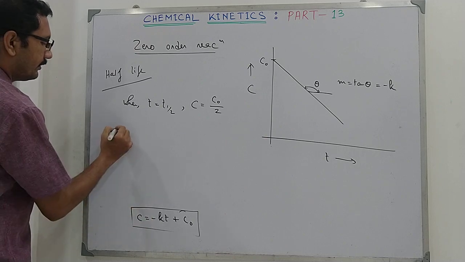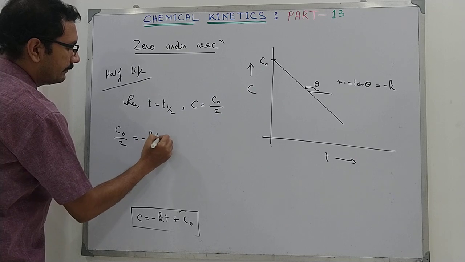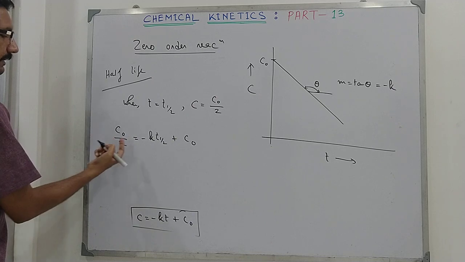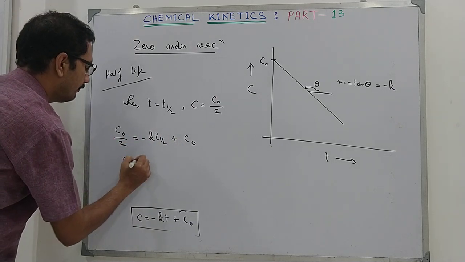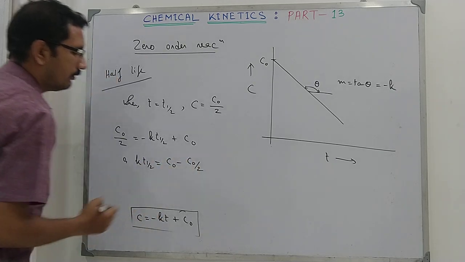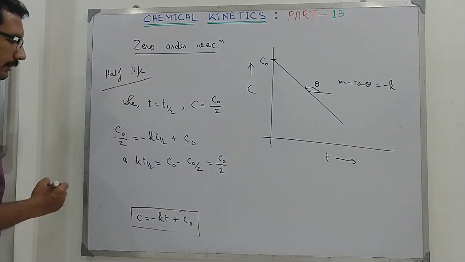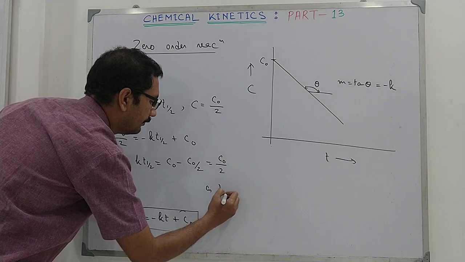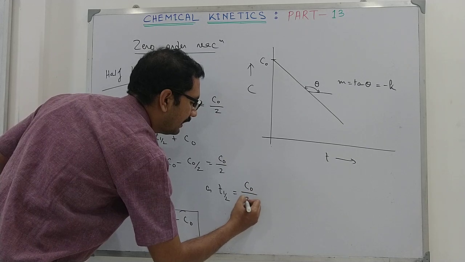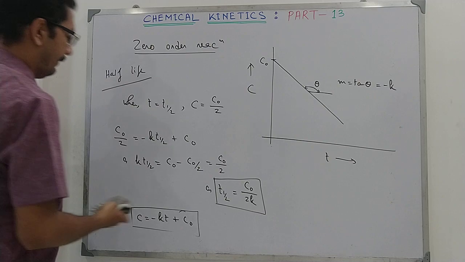Now putting this value in this equation, we have C0 by 2 equals minus k t half plus C0. Now we take this to the left hand side and this to the right hand side. So we have k t half equals C0 minus C0 by 2. This is 1 minus half, so it will be half left, or the half-life for this zero order reaction is t half equals C0 by 2k. This is the half-life of a zero order reaction.